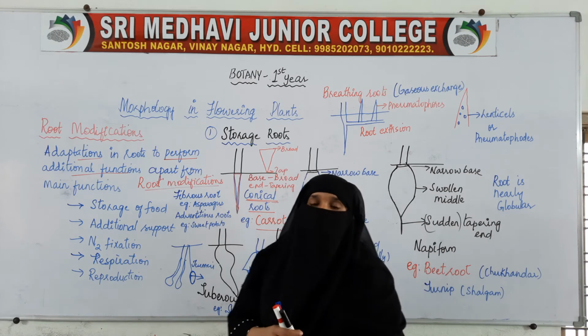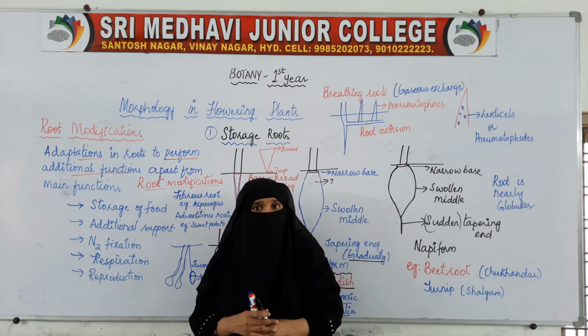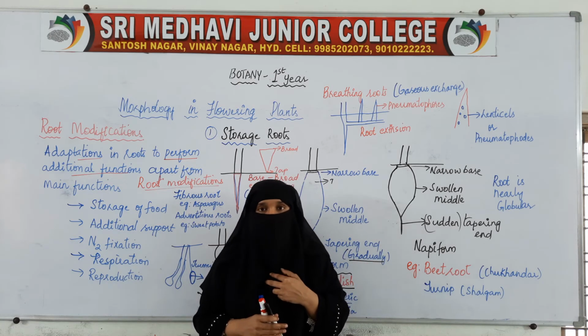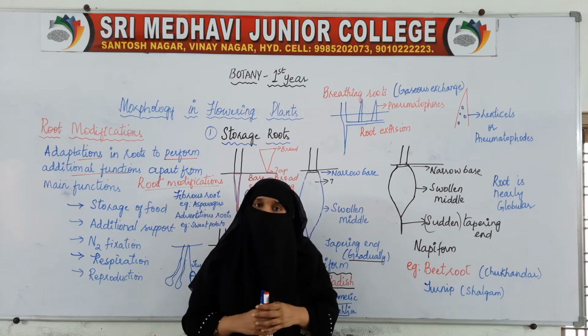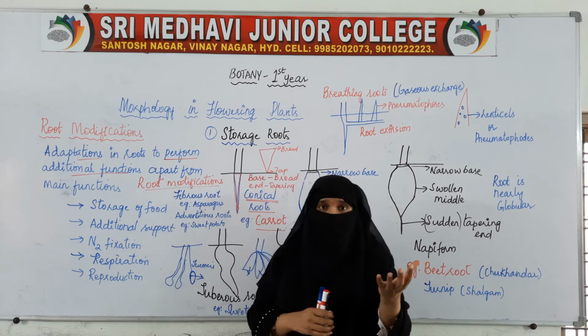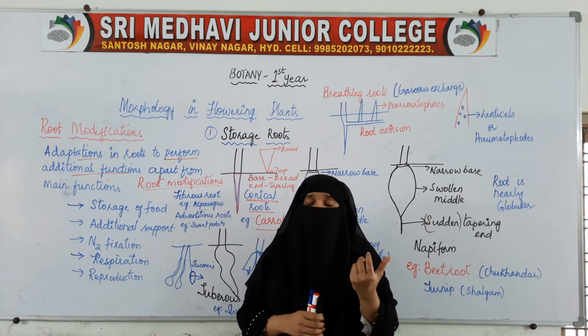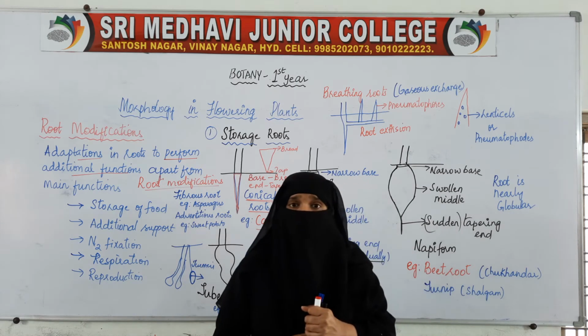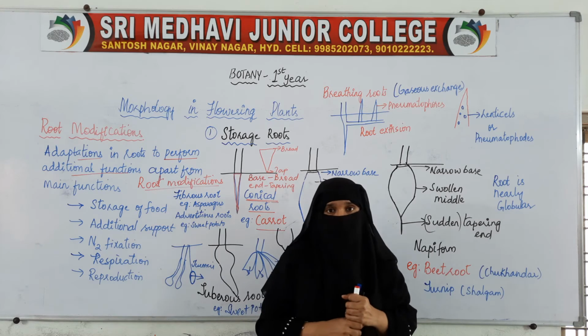Apart from storing food, roots perform another function. There are certain plants in which roots help in respiration. Basically in all plants, on the leaves, tiny pores are present. Those are called stomata. The stomata help in respiration.